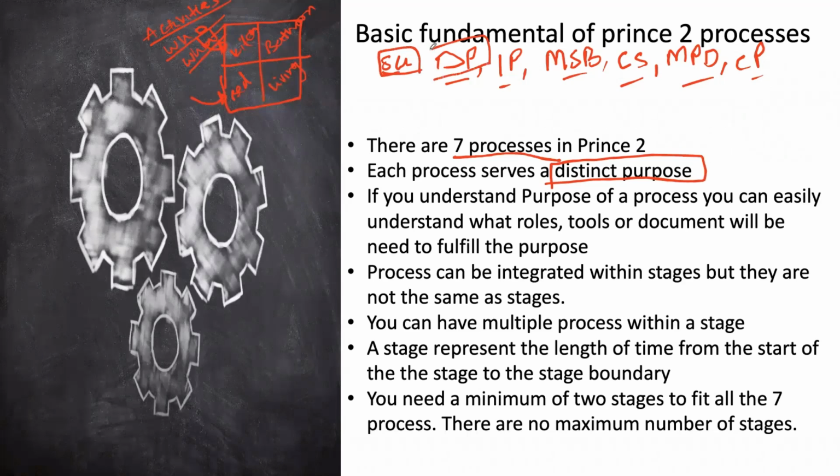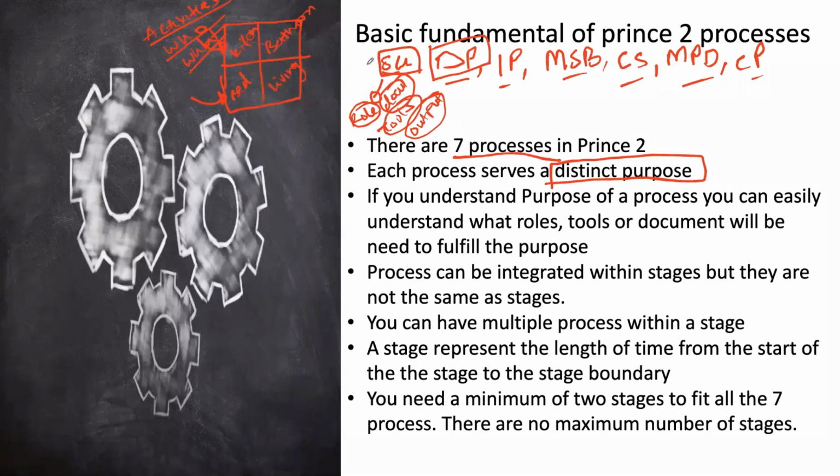They have their well-defined purpose, and if you know what those purposes are, then you can understand what role will be needed to fulfill that purpose, what documentation will be required, what tools and techniques will be required, and what the output is going to be.